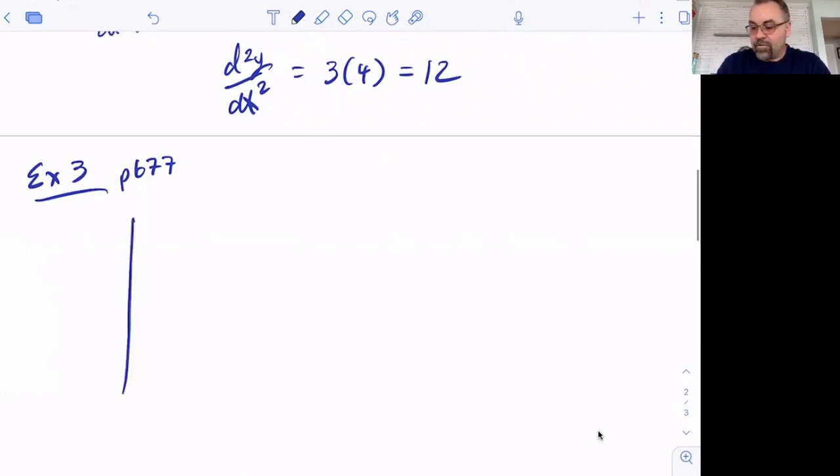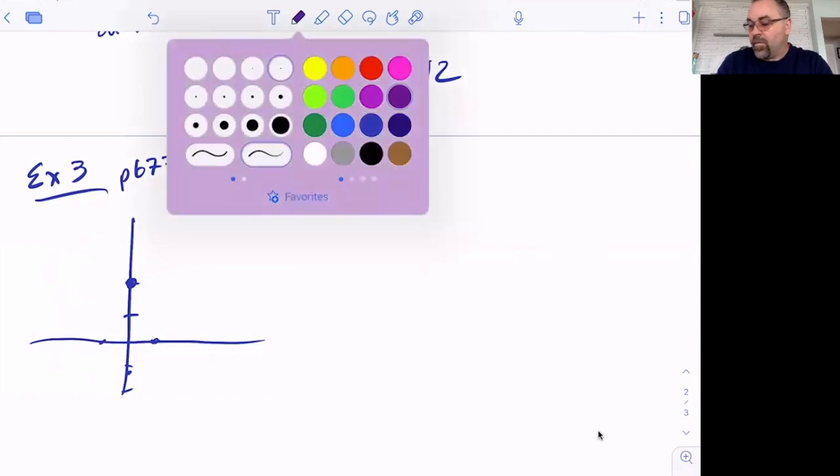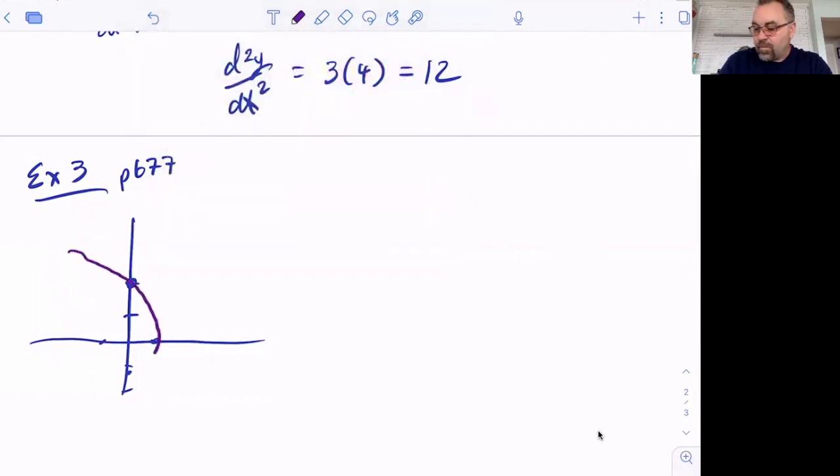I'll just sketch the graph real quickly here. Basically the one they're using crosses at 0, 2, crosses down here a little bit, and then we don't know where it crosses out here and out here. But the graph itself comes through, creates a loop like so.